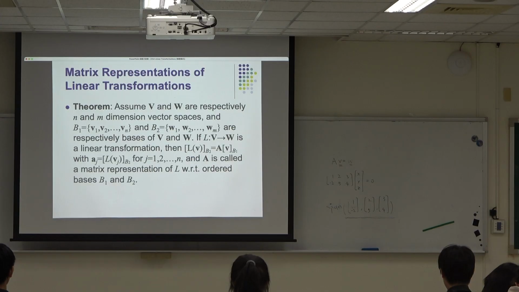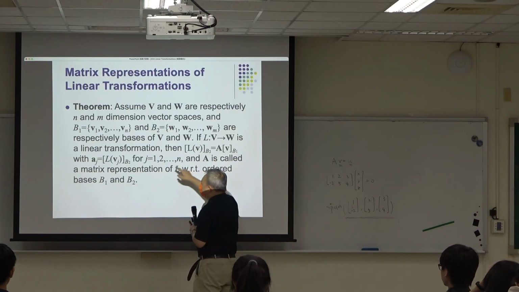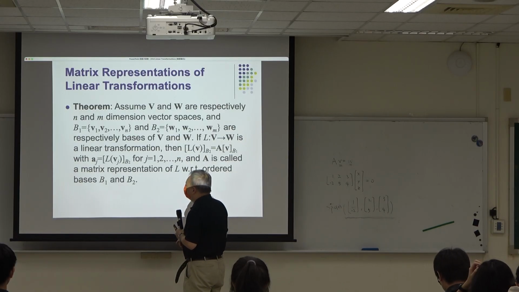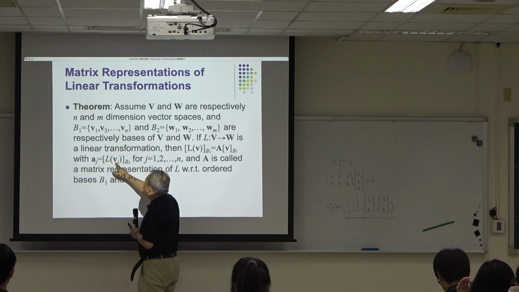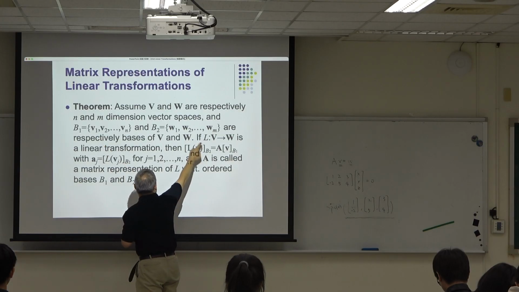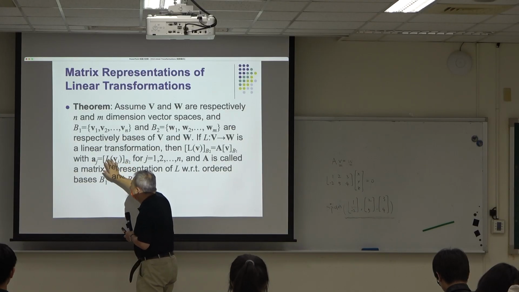Assume V and W are respectively n- and m-dimensional vector spaces, and B1 and B2 are respectively bases of V and W. If L from V to W is a linear transformation, then the matrix of L with respect to B1 and B2 is A, where each column a_j is a column vector. You represent each vector after the linear transformation in the basis B2.